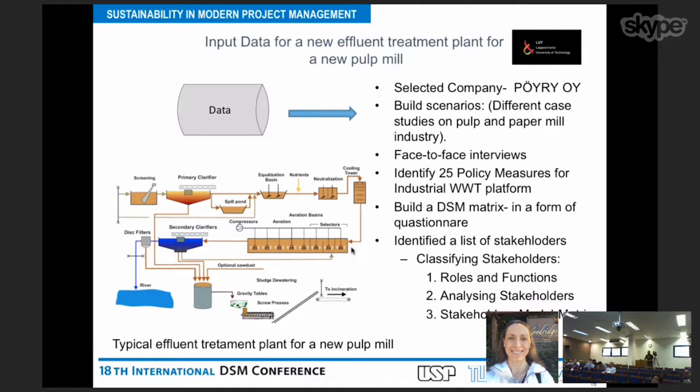We identified as well the list of stakeholders. What are the stakeholders? What is their impact? We consider their impact in the decision-making process. But in this case, we have to listen to the voice of stakeholders, whether they approve and agree in the decision-making of this policy or not.